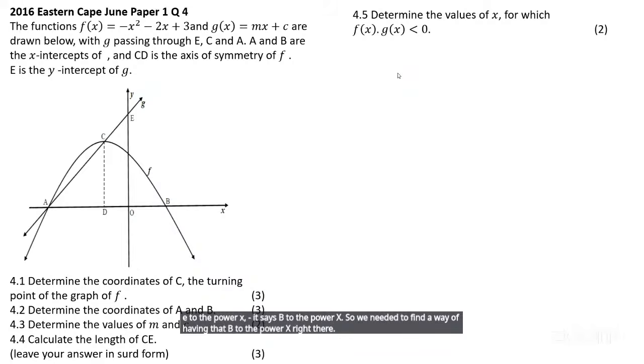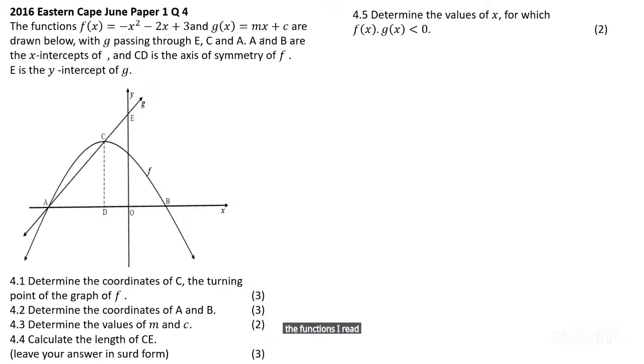I'm ready. The functions I read. The functions of f of x, which is negative x squared, negative 2x plus 3, and g of x, which is mx plus c, are drawn below.